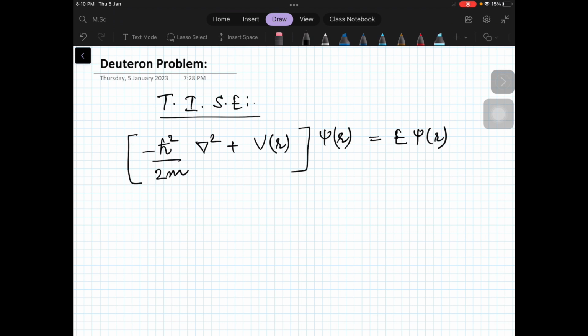Here V(r) is the potential which is dependent only on the radial part, that is, it is independent of theta and phi, so we can call it spherically symmetric, and psi(r) is our wave function.